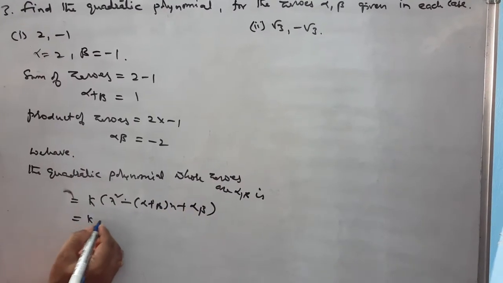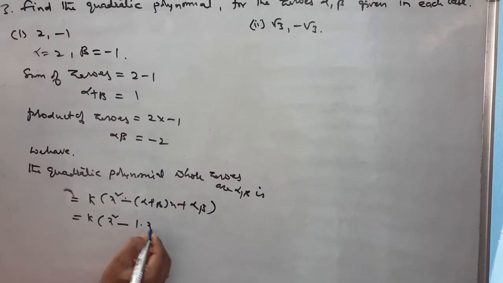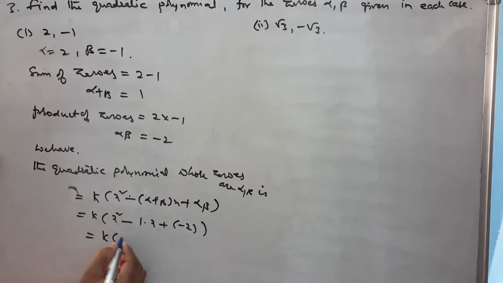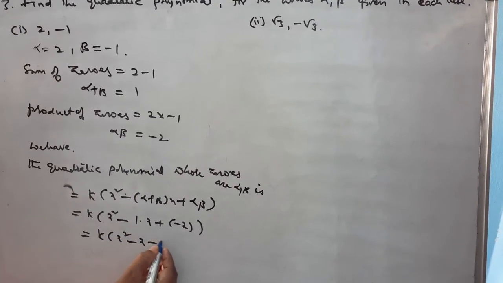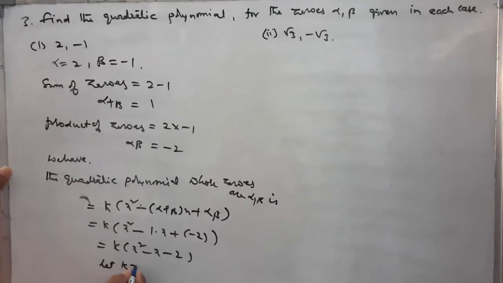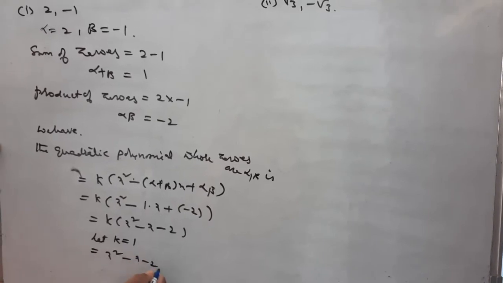So k into x square minus 1 into x plus minus 2, so we get k into x square minus x minus 2. Now let k equal to 1, we get x square minus x minus 2.